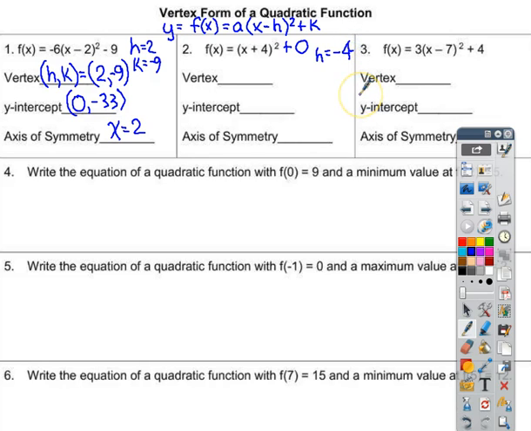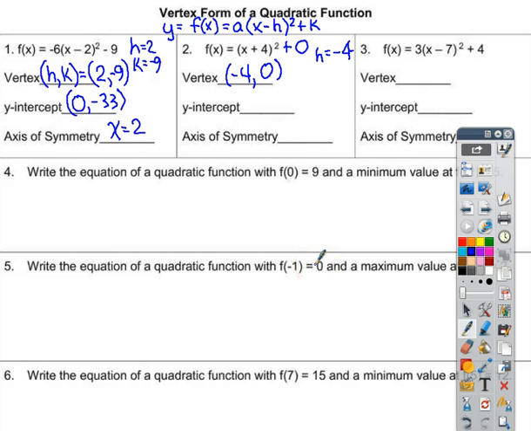It's probably easiest to take the opposite of whatever this sign is, and that's what your h value is. So, h is equal to negative 4, and k is equal to 0. We've got that part down.